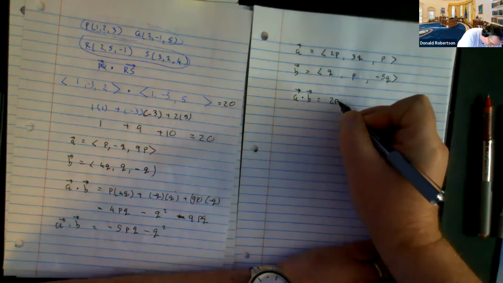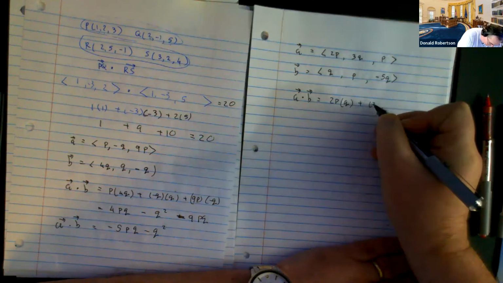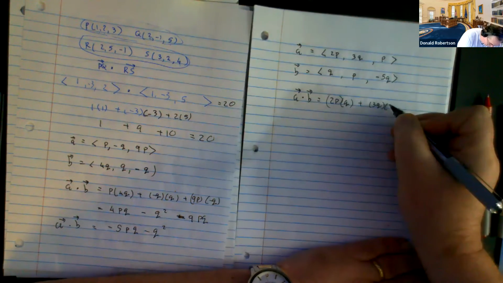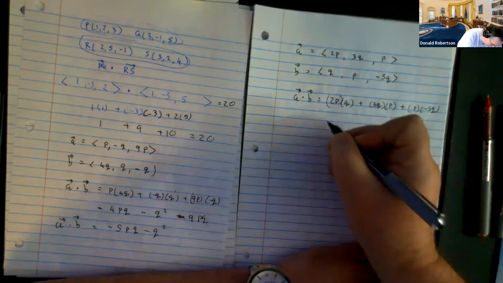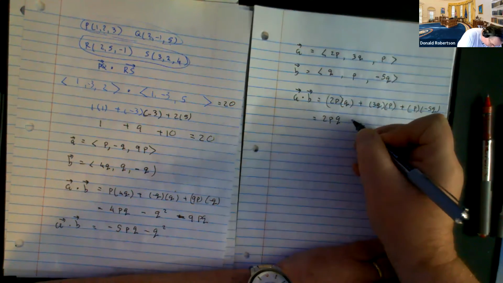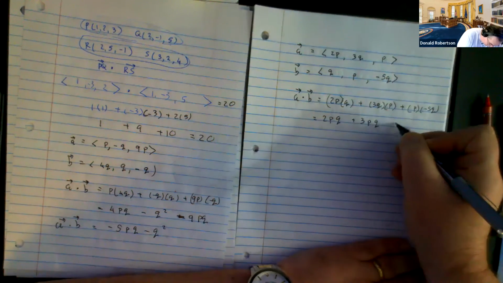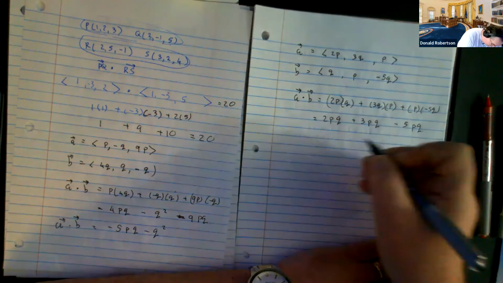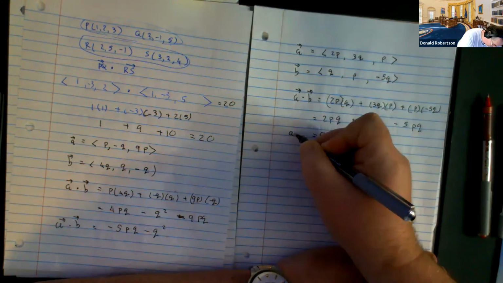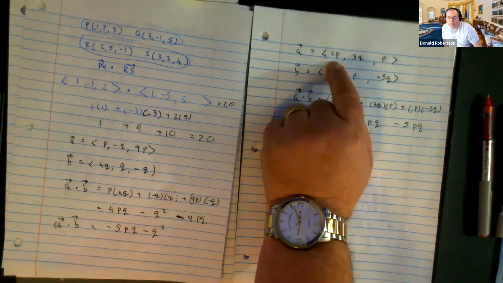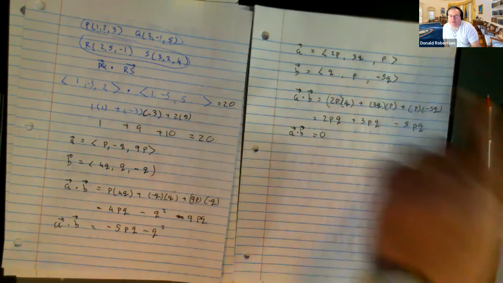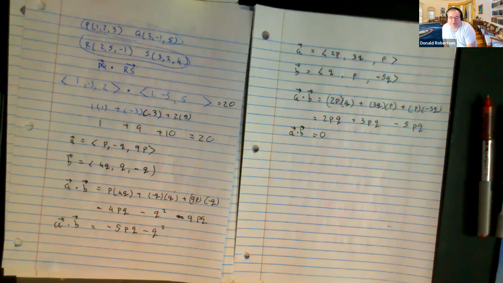And it's going to be 2P times Q, 3Q times P, and that guy. And that's 2PQ, 3PQ, take away 5PQ, which ends up being 0. Oh, I do not even know what the numbers for vector A and B are, but their dot product is 0. What conclusion can I make about these two vectors A and B?